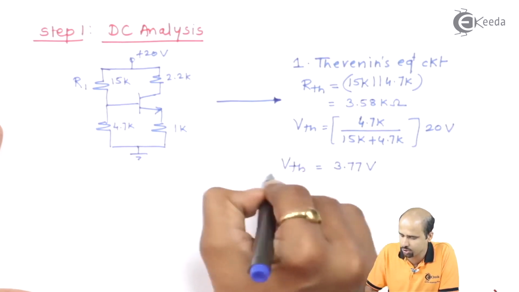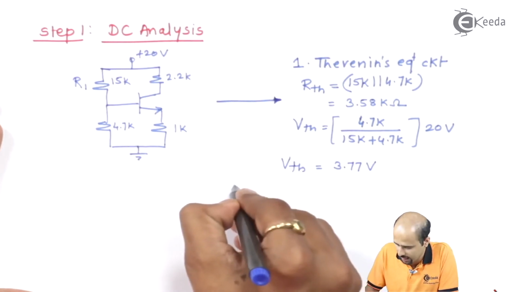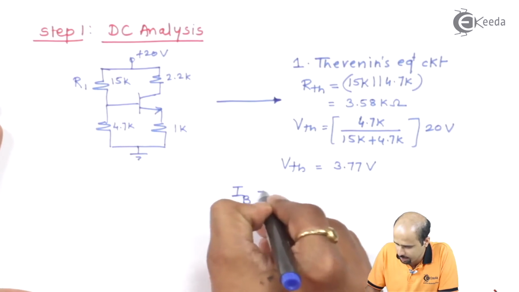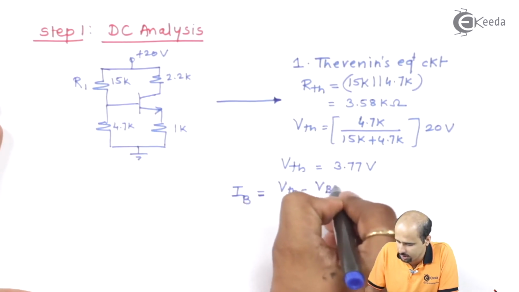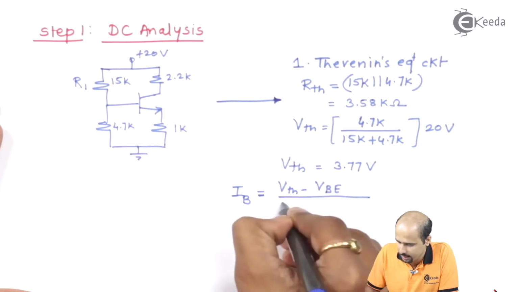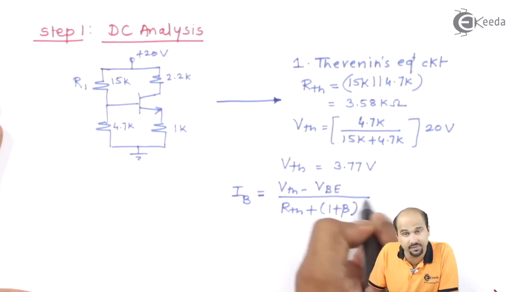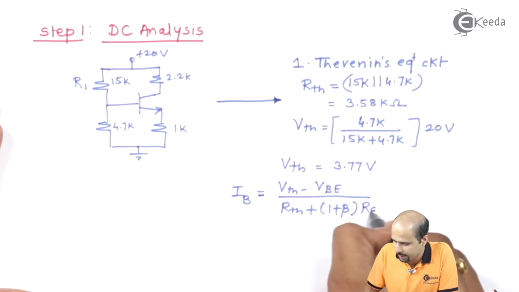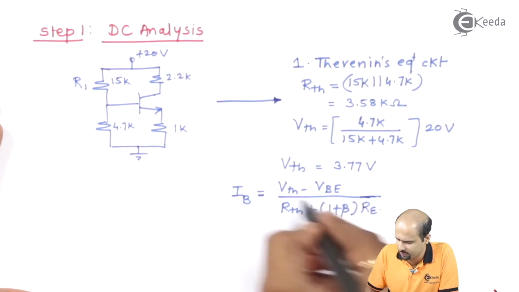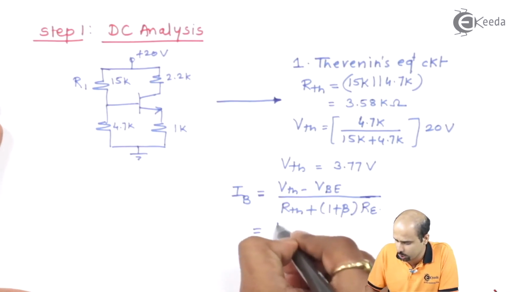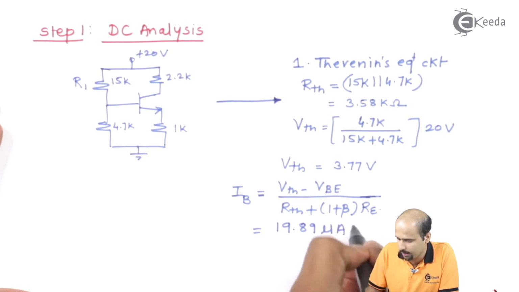Once we reach this value, we have to calculate IB. IB is equal to VTH minus VBE divided by RTH plus (1 plus beta), where beta is given as 200, multiplied by RE1 or RE2, anything will do, we get the same value. This value comes out to be 19.89 microampere.